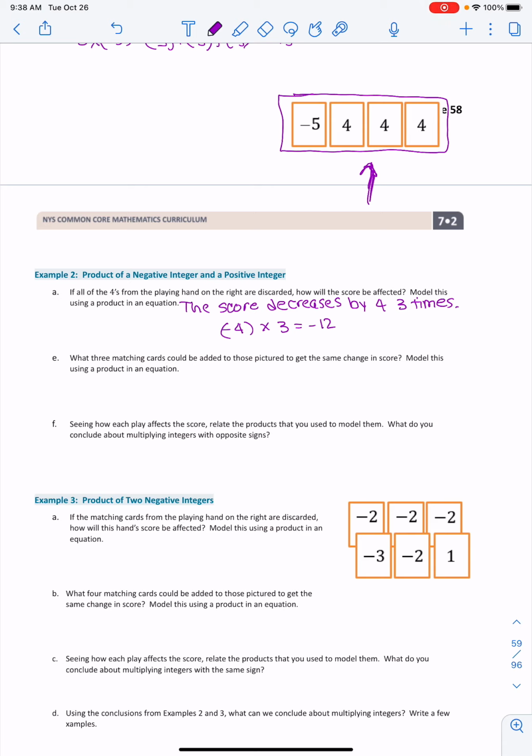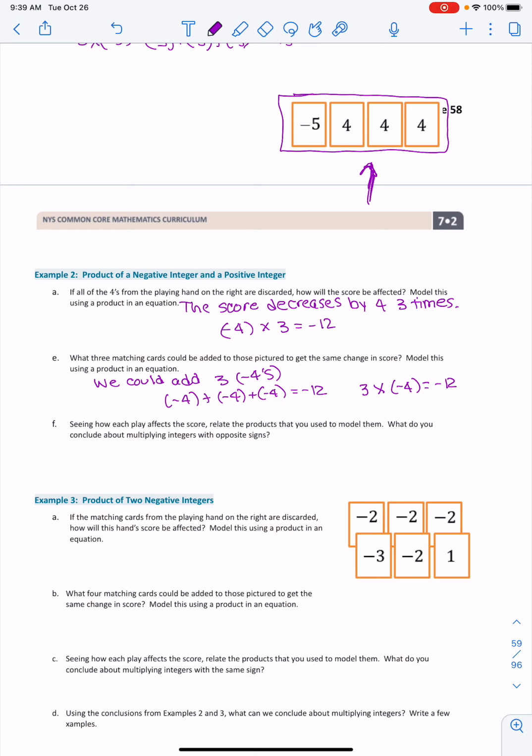Well, to get that same change in score, we could add 3 negative 4s. In other words, we could add negative 4 plus negative 4 plus negative 4, and that would give us negative 12. And so in other words, 3 times negative 4 would equal negative 12.